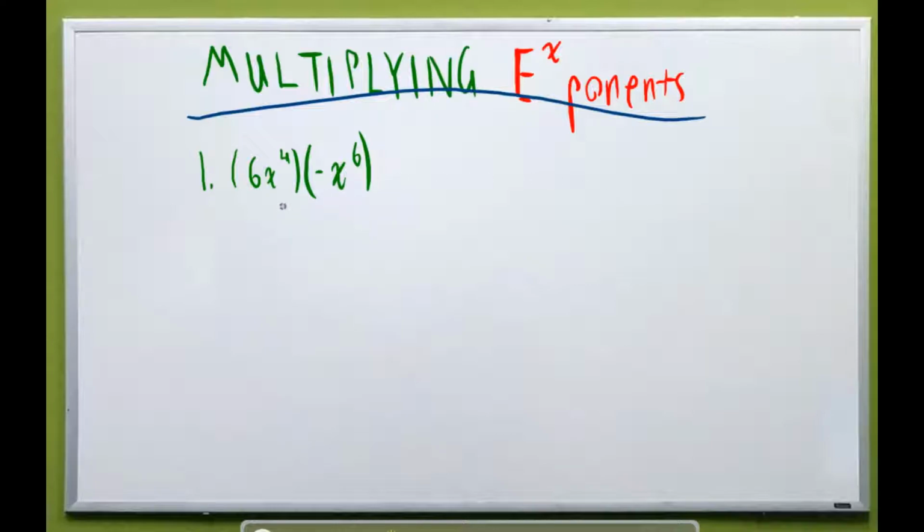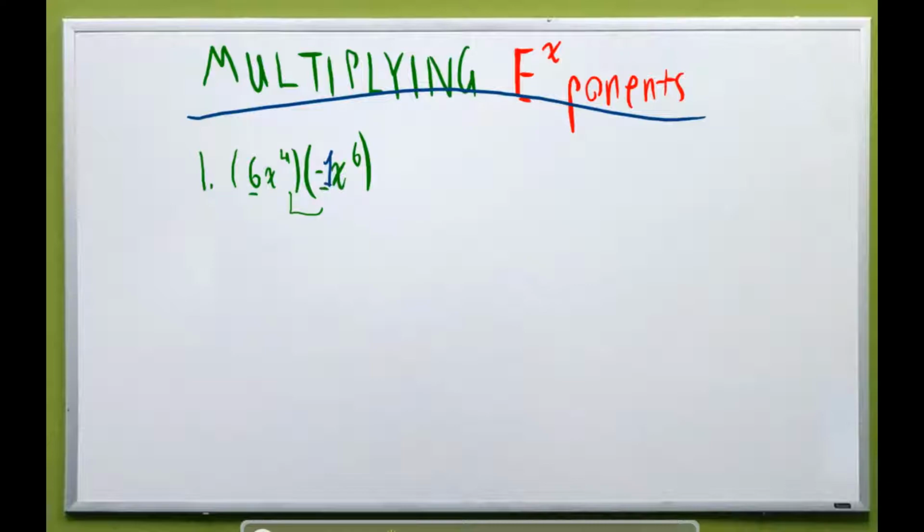Remember, if we have parentheses around one term and another term, and they're right next to each other, that's just multiplication. So remember, when we're multiplying exponents, we multiply the number in front, which is our coefficient, and that will be 6 times negative 1 because this x has an imaginary 1 in front of it, and it has a minus 2, so that means it's just negative 1.